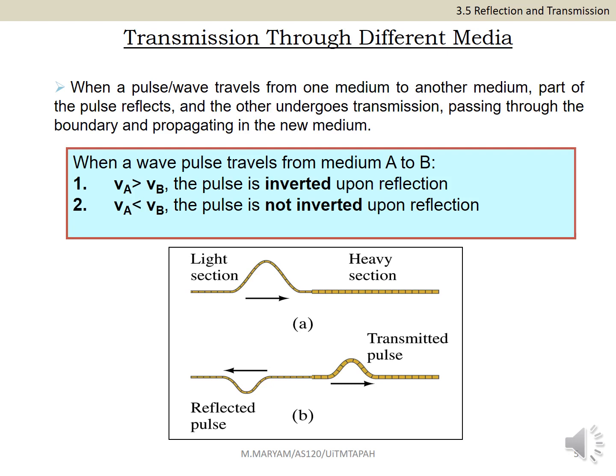So we can conclude that when a wave pulse travels from medium A to B, light section or heavy section, if vA is greater than vB, the pulse is inverted upon reflection. If vA is less than vB, the pulse is not inverted upon reflection.